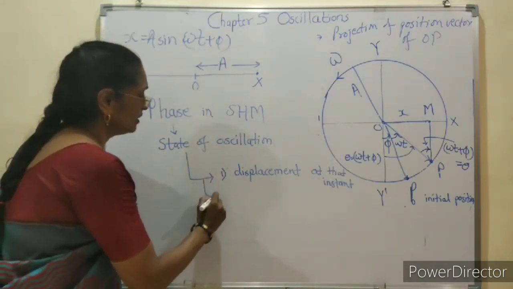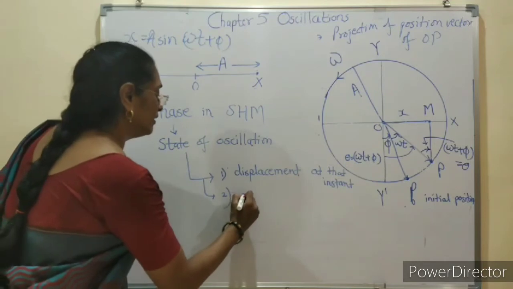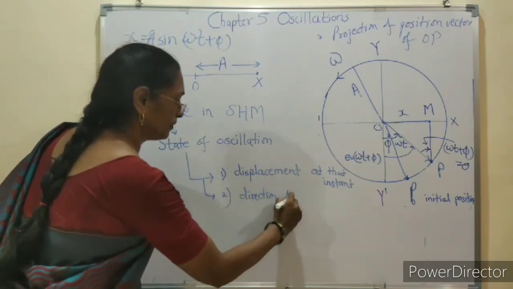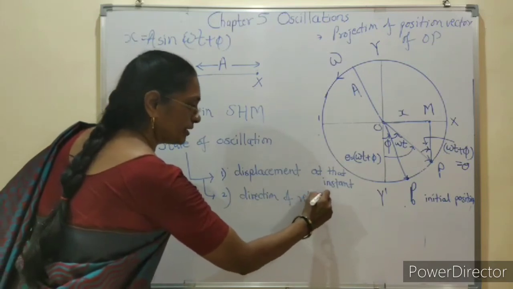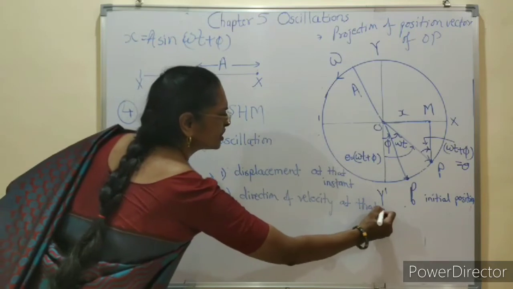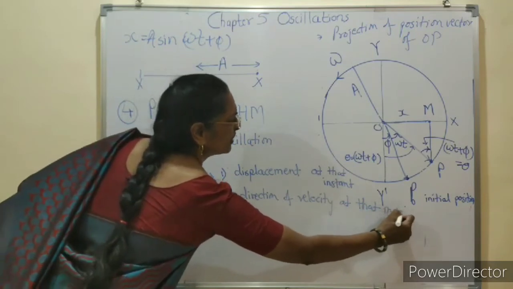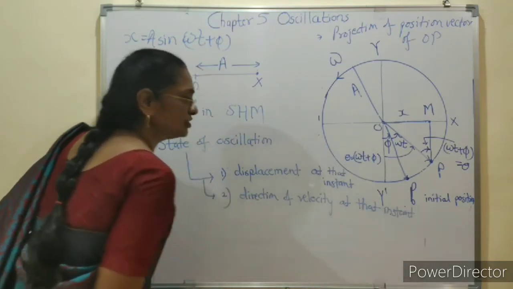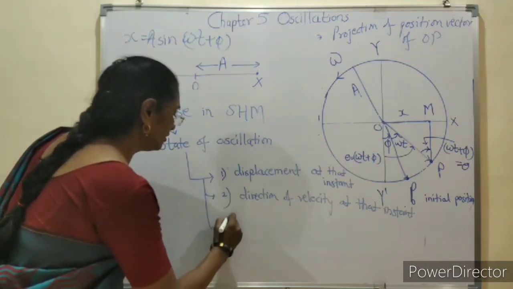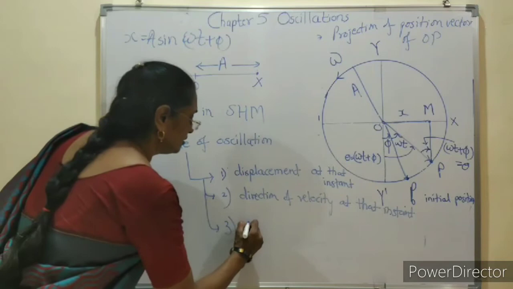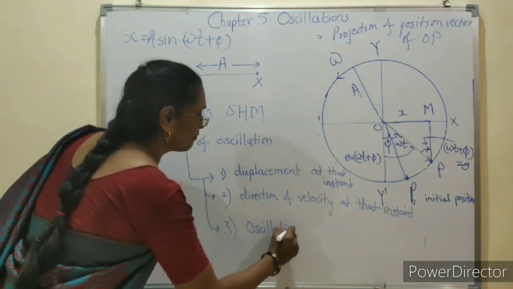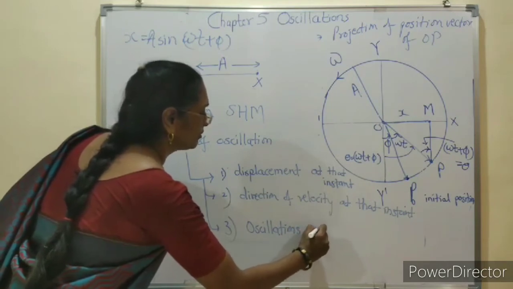The second one is the direction of velocity of a particle at that instant. So you try to understand the description here. At that instant means the time at which we are observing. And the third one is the oscillation number, or number of oscillations completed.